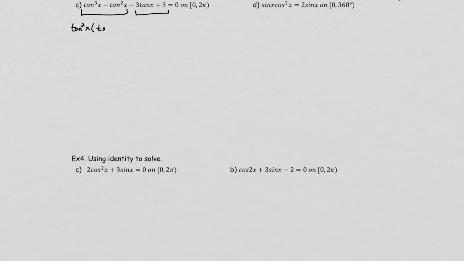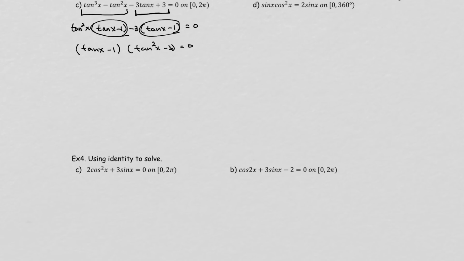Then you will get tangent x minus 1 remaining. From the last 2, if you factor -3 out, you will also get tangent x minus 1 remaining. From these 2 terms, tangent x minus 1 is common, so when you factor that out, you get tangent square x minus 3 remaining.